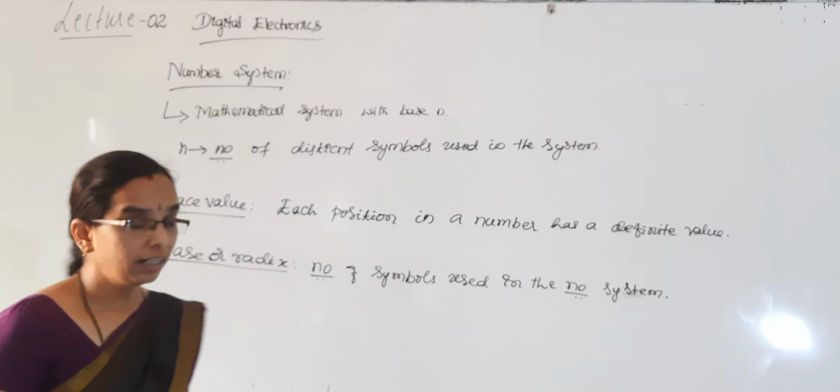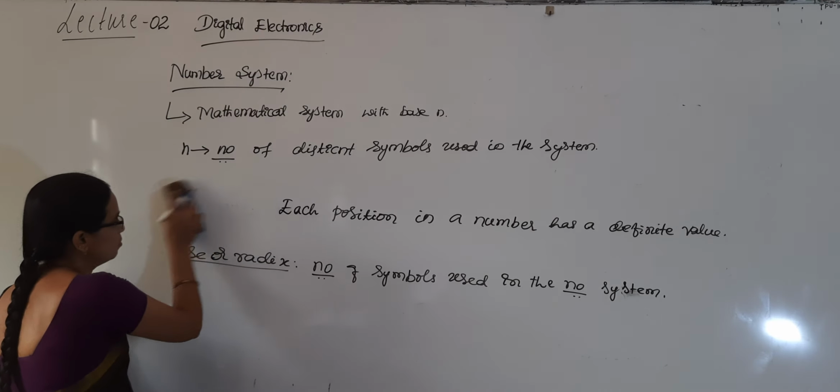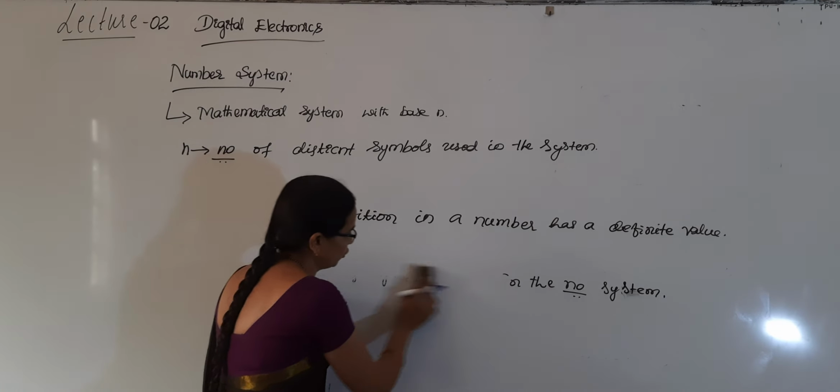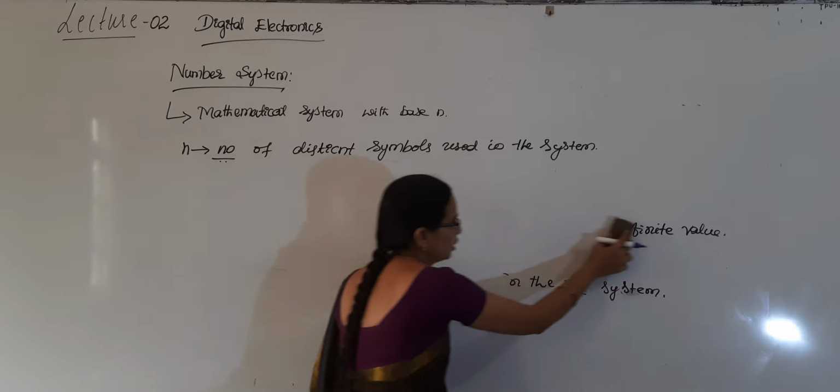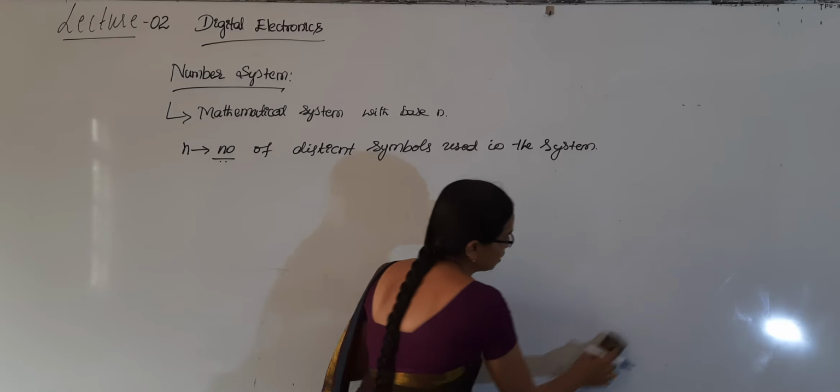First we will go to the decimal number system. You need to know what place value is. It's a very basic concept that you have already read in the decimal number system.